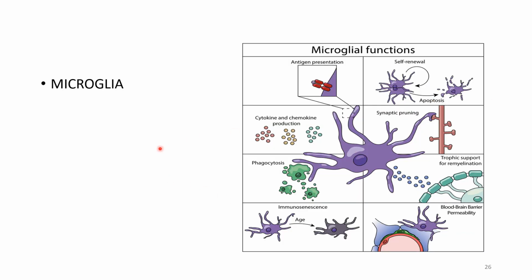Now coming to microglia. One important thing here: the macroglia are large glial cells that are ectodermal in origin. They are astrocytes and oligodendrocytes.